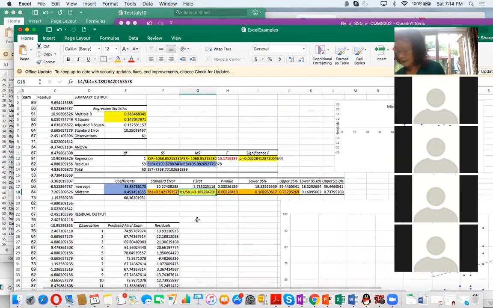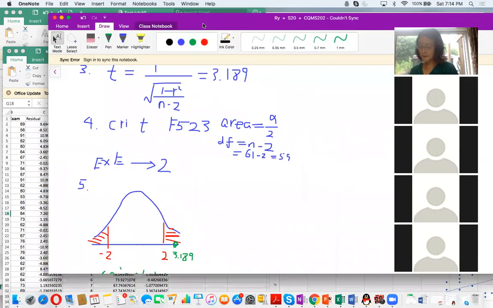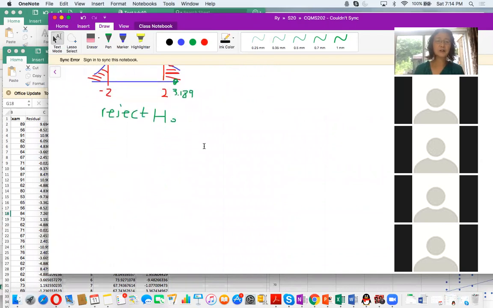So that is the simple linear regression analysis. Okay, the only thing I haven't covered so far is measure of variation. I will copy here.